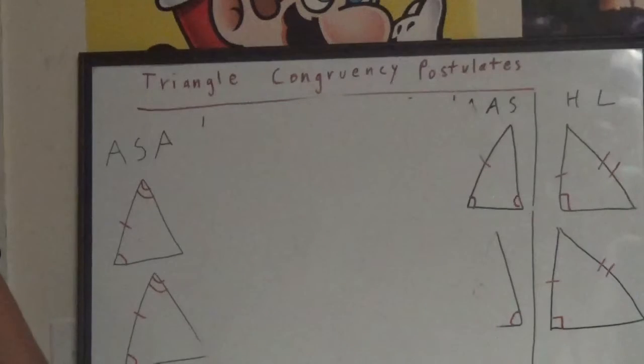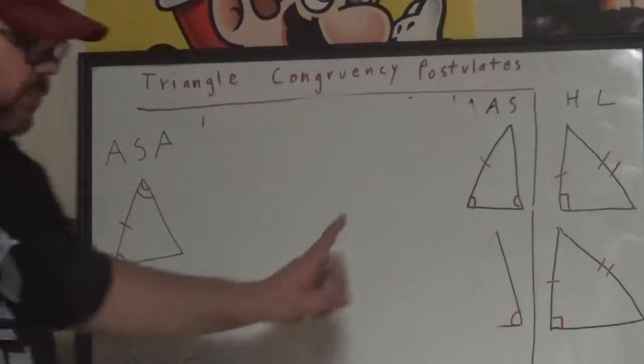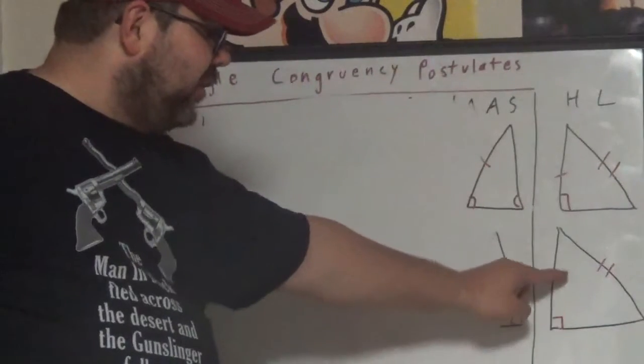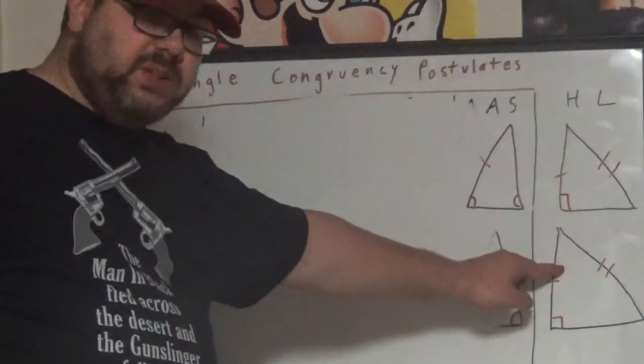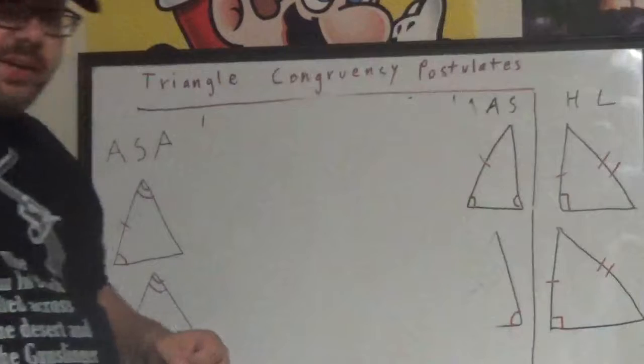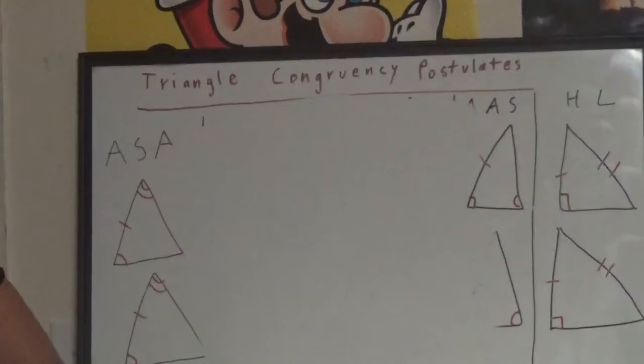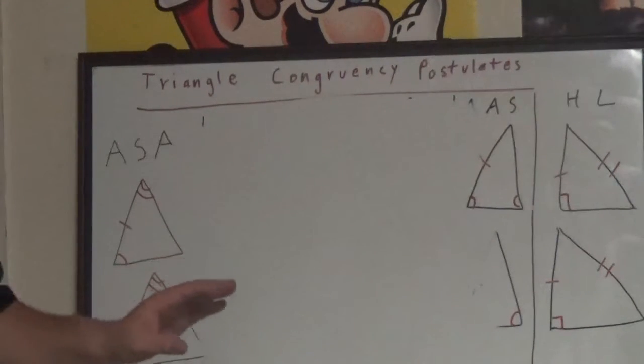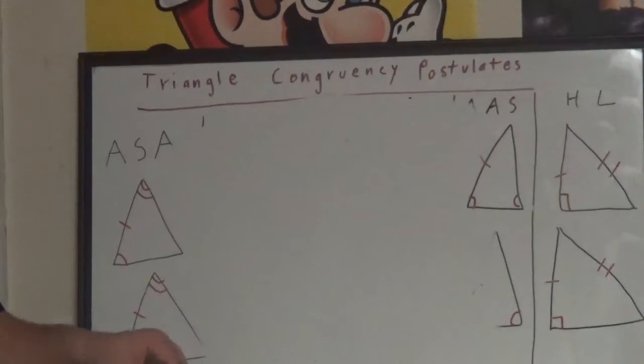However, always check. You need three pieces of information. By the way, with HL, a right angle can be one of your pieces of information, and then the leg and hypotenuse. So you always need three pieces of information between both triangles, and they need to qualify under one of the five postulates in order to be congruent.